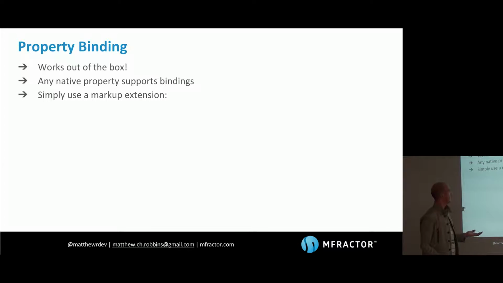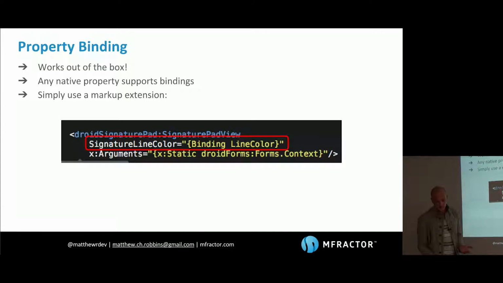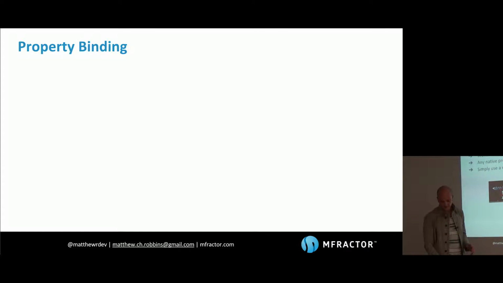To do this, we just use a markup extension like what we used to. If I wanted to change the line color on our signature pad view, I just use a binding expression to do that. It's really that straightforward, which is super cool because there's not really any more work that goes into this. Now we just use it.